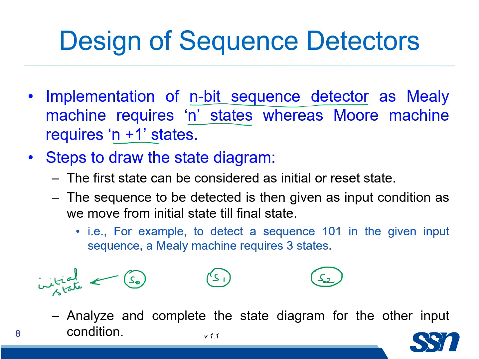Now we need to move through the states. For that, the sequence to be detected is given as the input condition as we move from the initial state to the final state. Here we are to detect the sequence 101. S0 is our initial state.